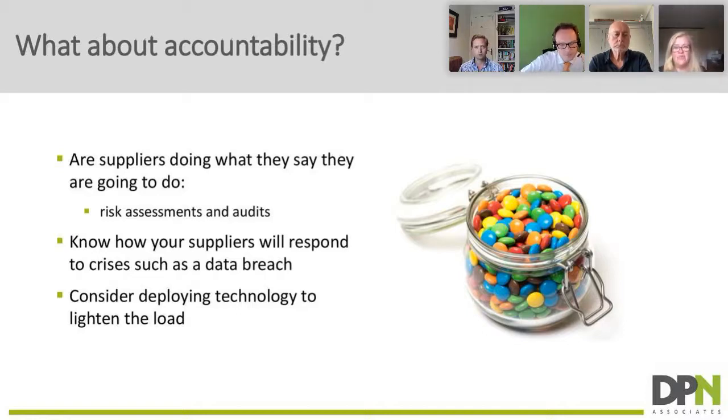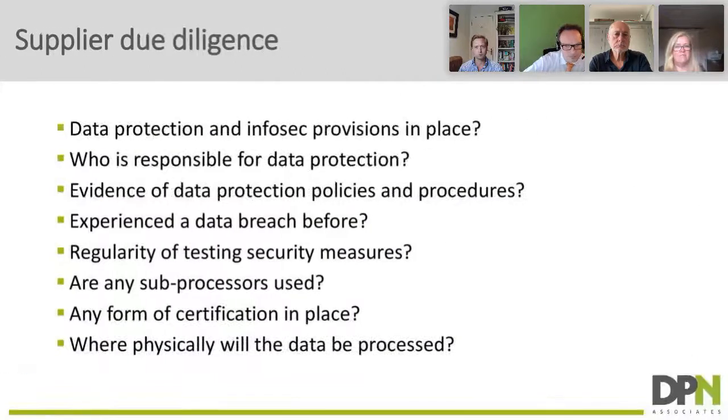The question then is how to decide which supplier to select. And then the other point is about due diligence. The ICO have got a very nice checklist of what sort of things you should be checking for. Are data protection and InfoSec provisions in place with your supplier? Who's responsible for data protection, making sure that they've got a DPO or certainly someone responsible for data protection matters?